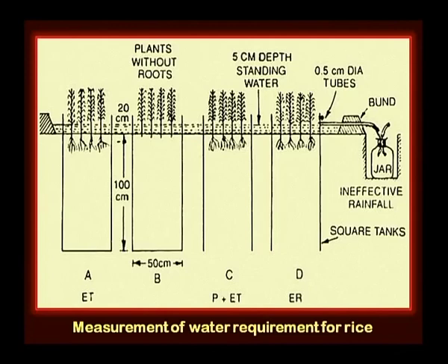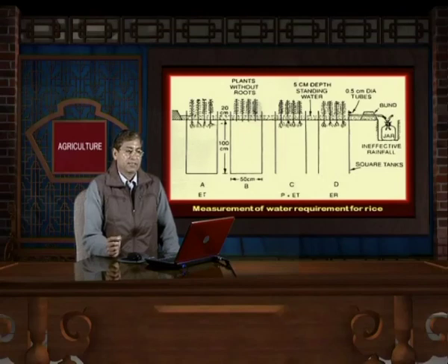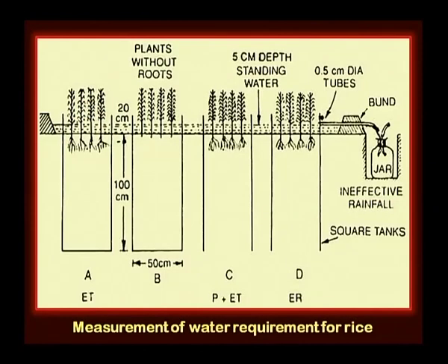So, these plants of the same age without roots will check the evaporation losses. Here drum A will represent evapotranspiration, drum B will represent the evaporation, whereas the effective rainfall will be computed by drum D.